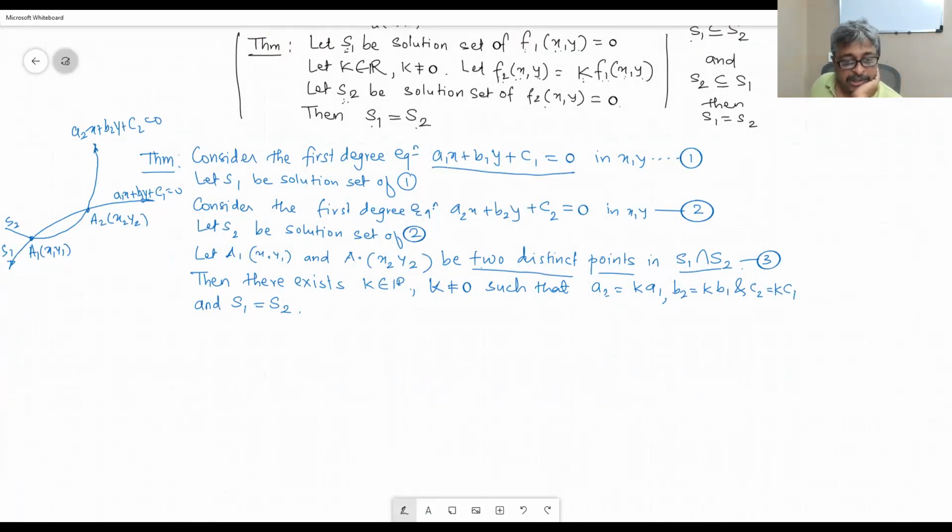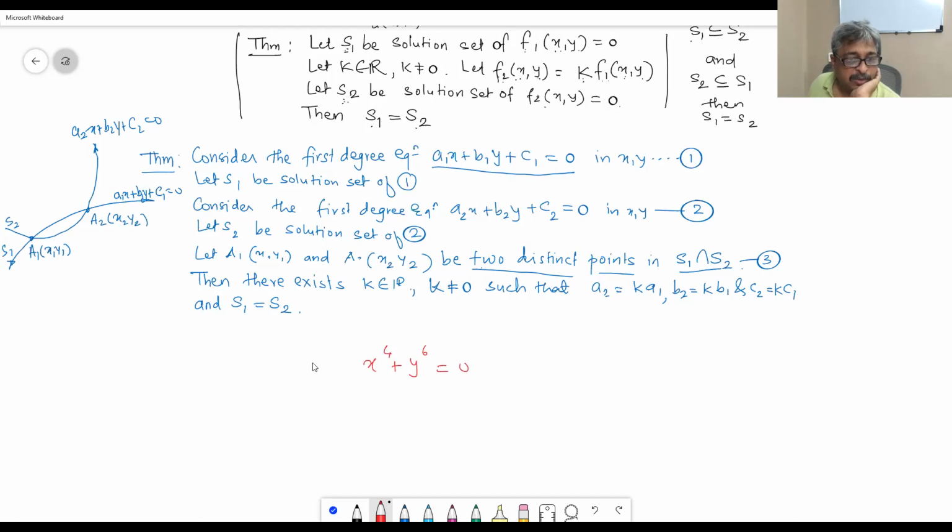Okay, just to explain this more, I will take yet another example. Suppose I have an equation which is not linear, which is of higher degree, say x to the fourth plus y raised to 6 is equal to 0.